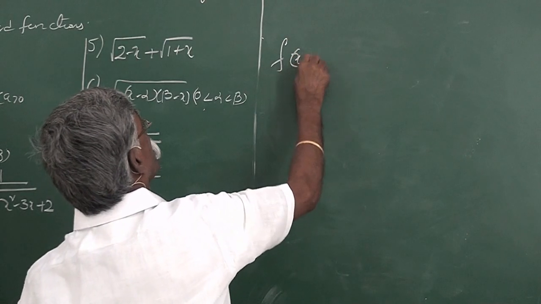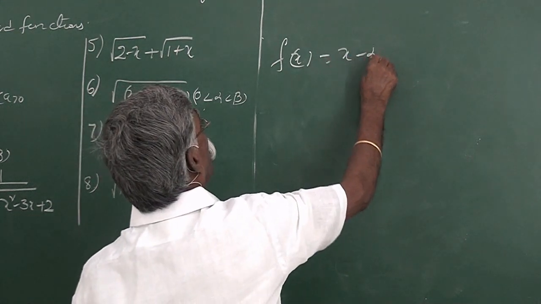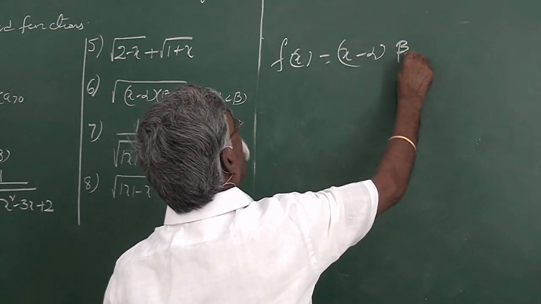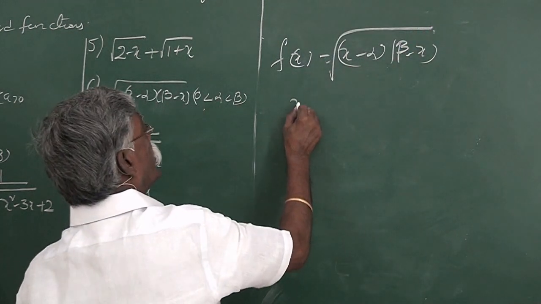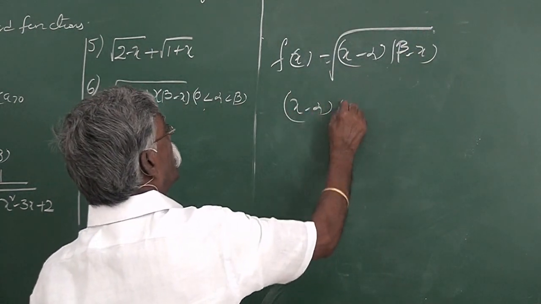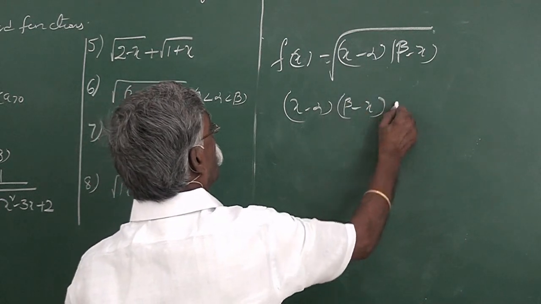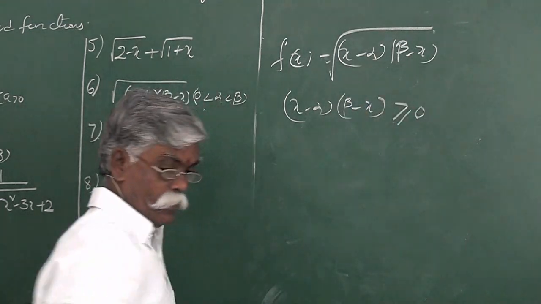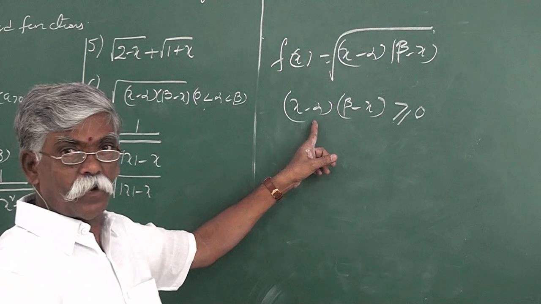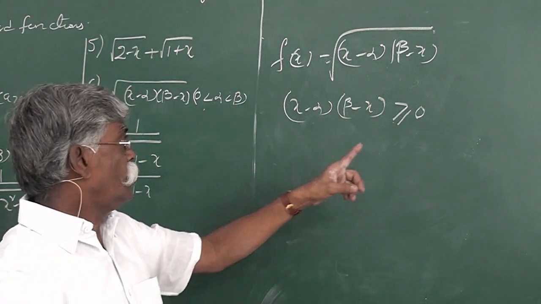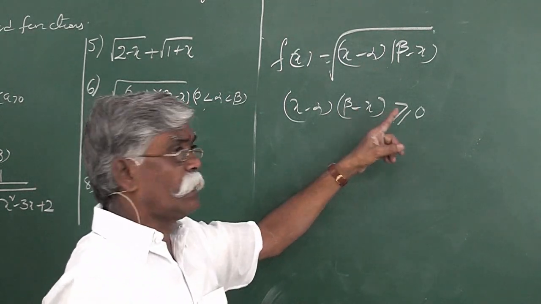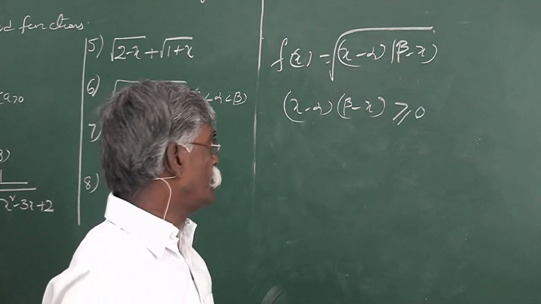f of x is given as x minus alpha into beta minus x. Now x minus alpha into beta minus x greater than or equal to 0. The coefficient of x square is negative and the expression is positive, so the coefficient of x square and the expression have opposite signs.